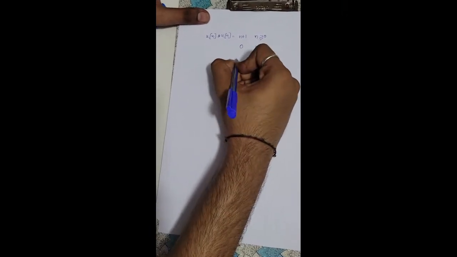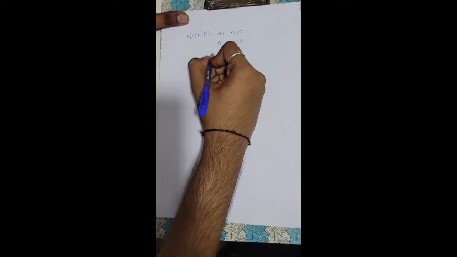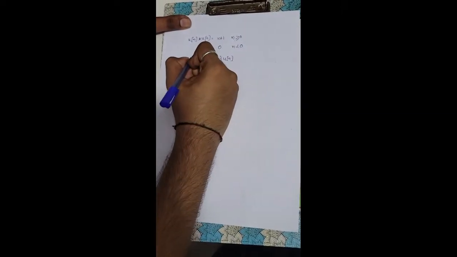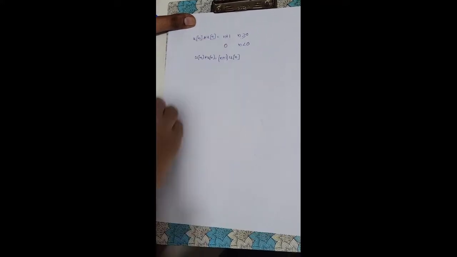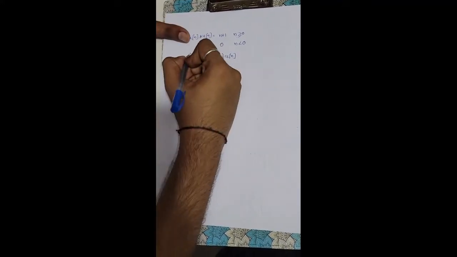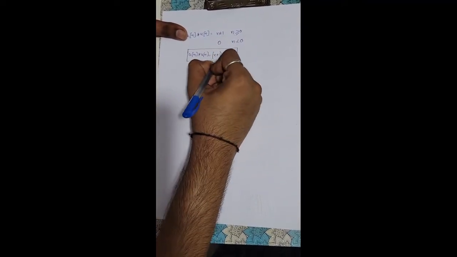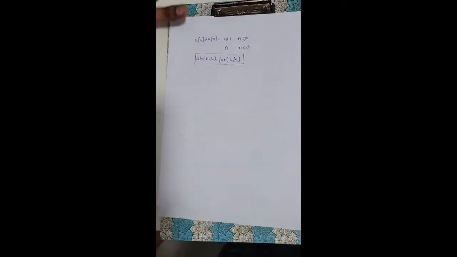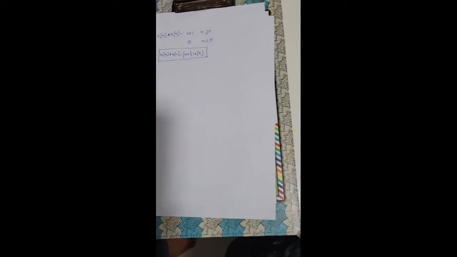So we can write this as n plus 1 times u of n. So we got that u of n convolved with u of n is equal to n plus 1 times u of n. Now we will use this property in our problem.